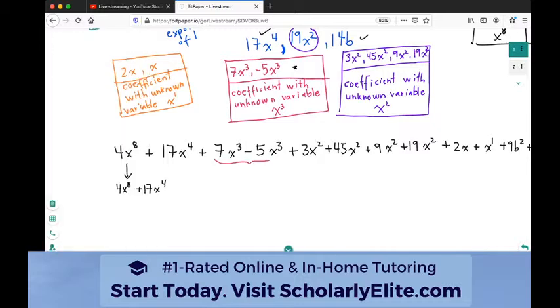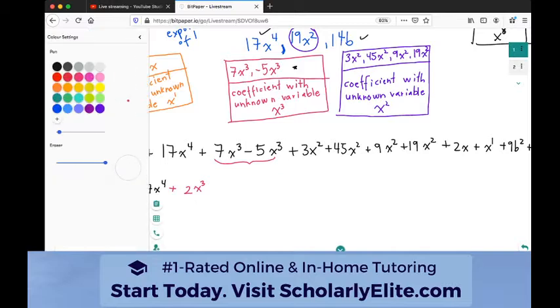So these two terms are together, and here they're going to turn into positive 2, my bad, sorry guys, 2x cubed. Great, so that's the 7x cubed minus 5x cubed. Remember that their coefficients can be added and subtracted from each other.